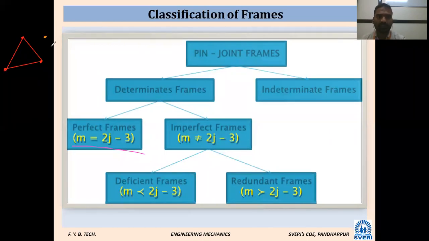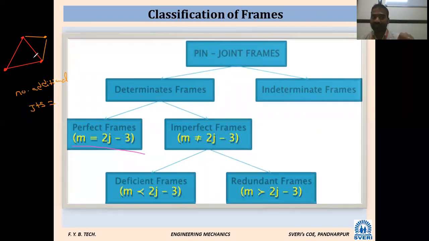In order to connect this joint, how many members do I have to draw? 2 members. I have to draw 2 members. The number of additional joints is equal to, the additional joints, how many? 1 has come. So the total number of joints is j.